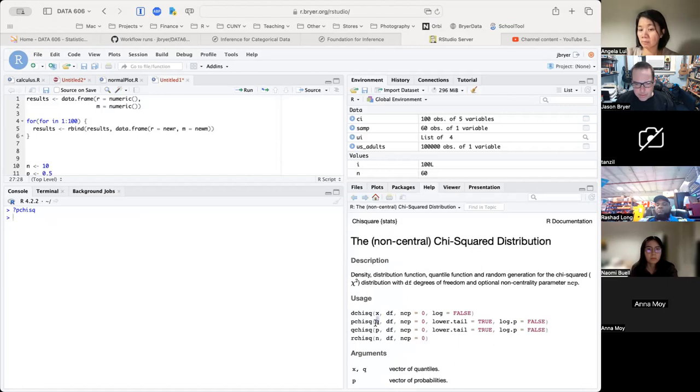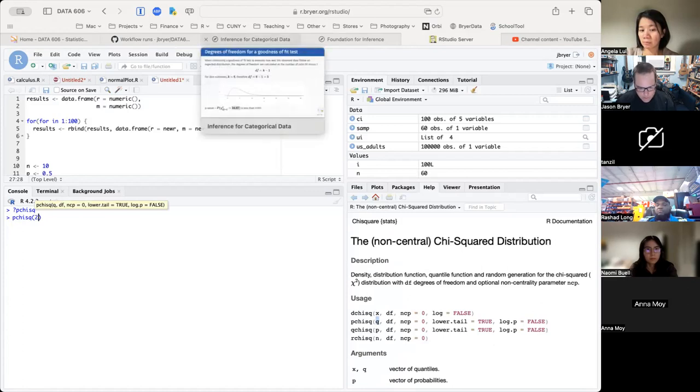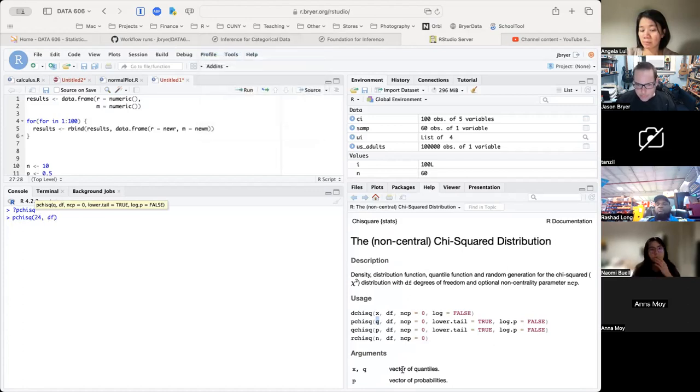So we're going to have a particular critical value. I could say pchisq of 24. But note, for this parameter I have to give it the degrees of freedom. So degrees of freedom is 5.